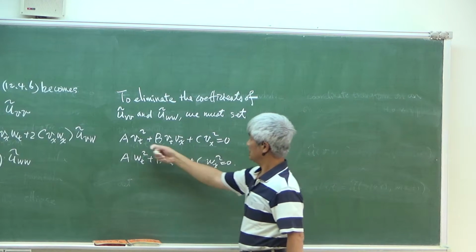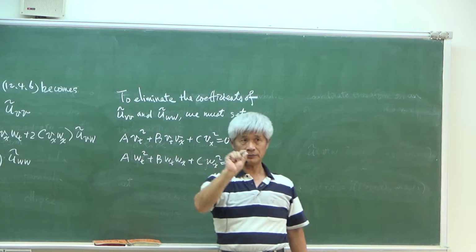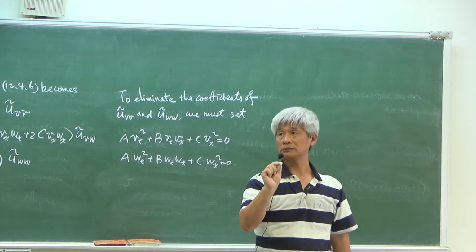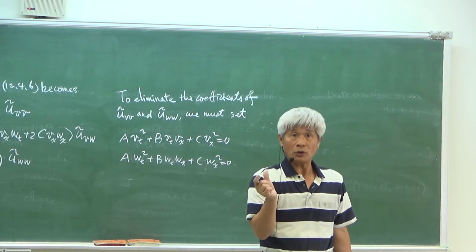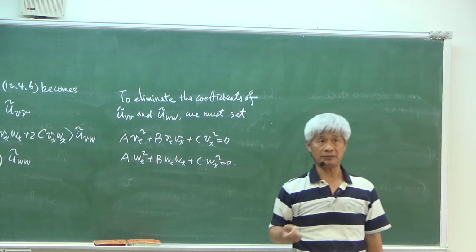So we must find V and W, right? Because V and W are coordinate transformations, and we don't know which one, so we have to find them.